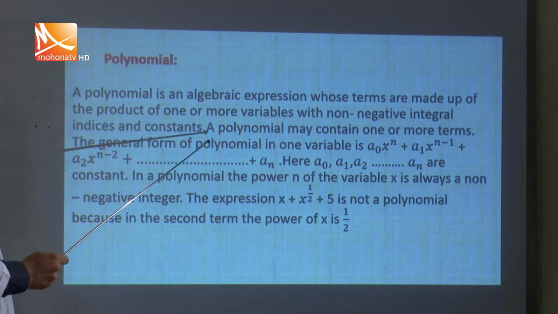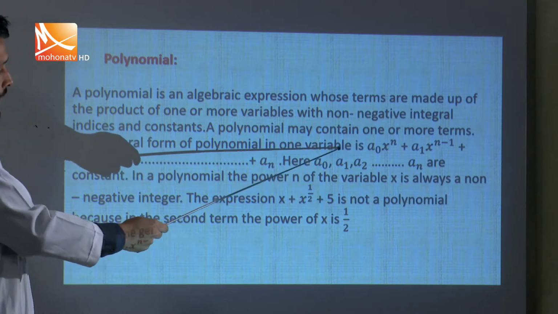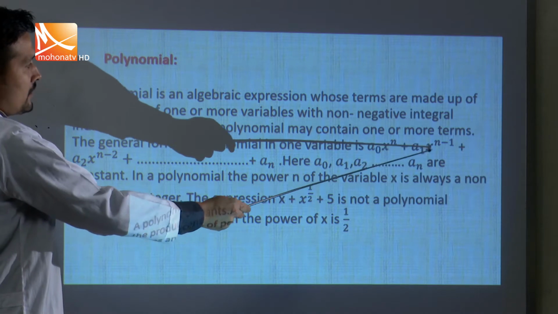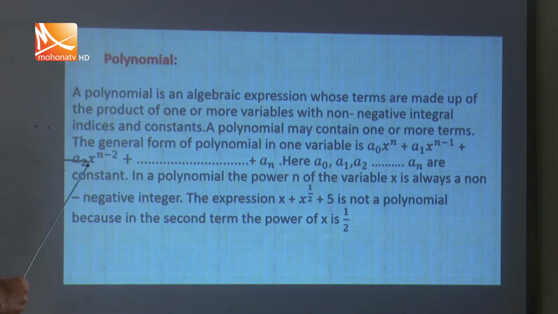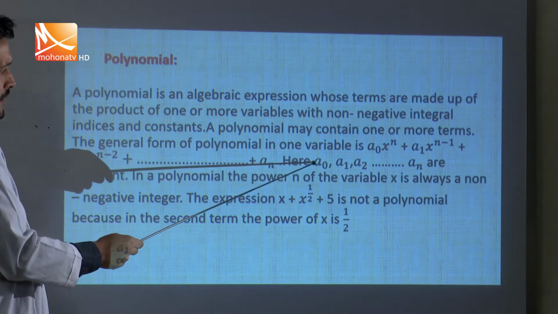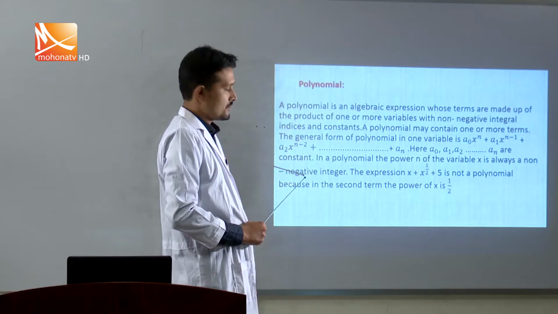The general form of a polynomial in one variable is a0 x to the power n plus a1 x to the power n minus 1 plus a2 x to the power n minus 2 plus ... plus an. Here a0, a1, a2, ..., an are constant terms.